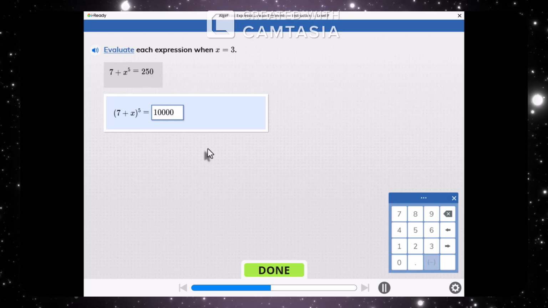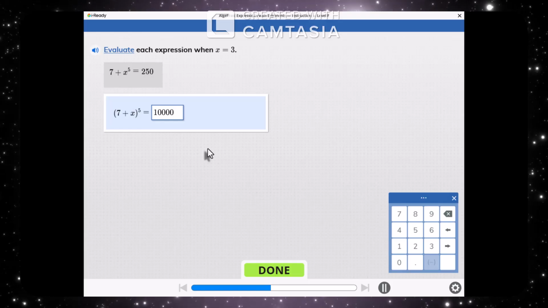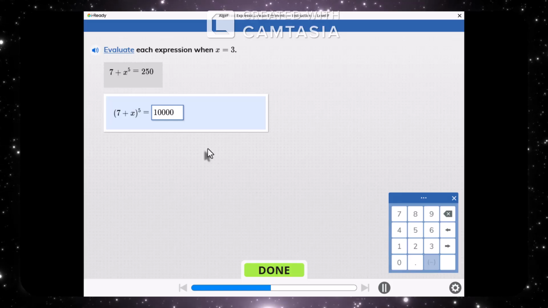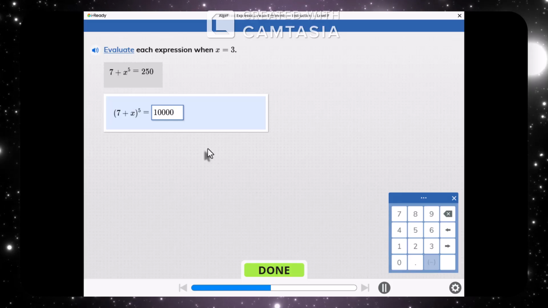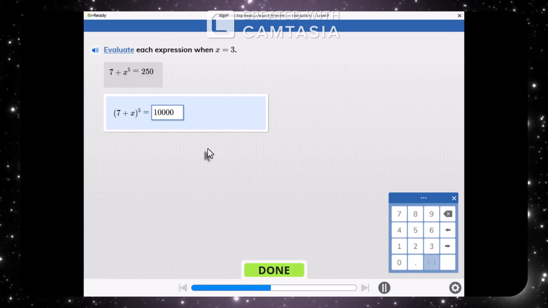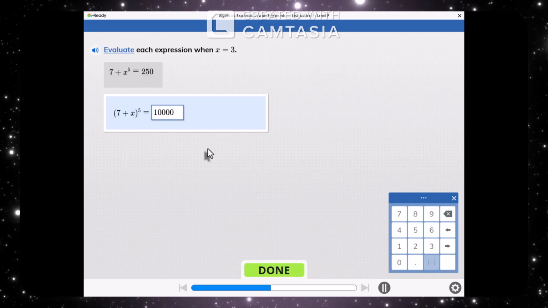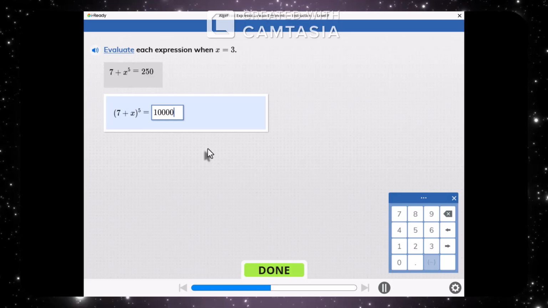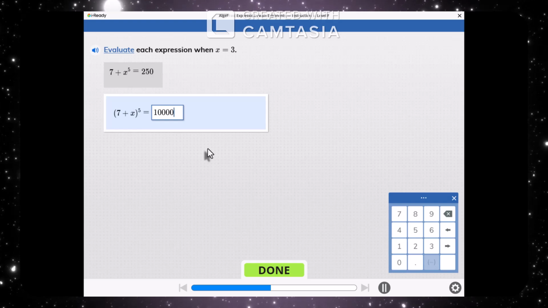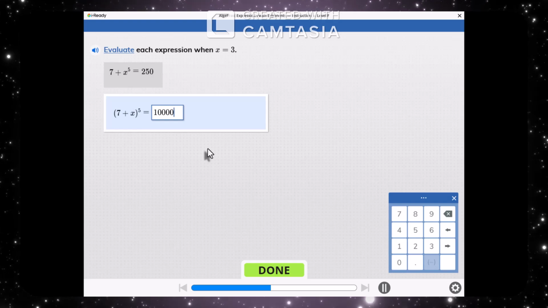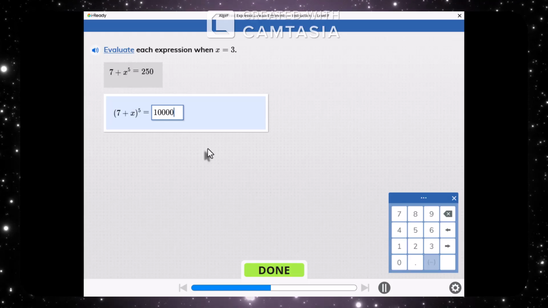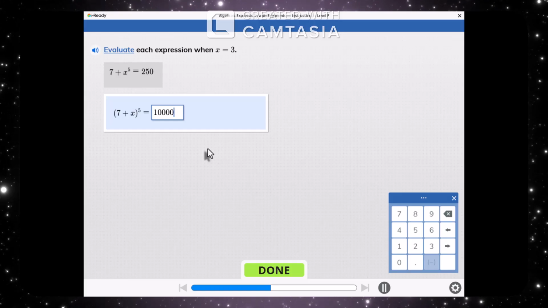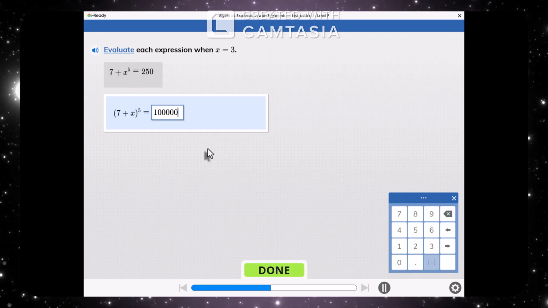And now I'm going to double check it again just to make sure. 10 to the power of 2 is 100. 10 to the power of 3 is 1,000. 10 to the power of 4 is 10,000. 10 to the power of 5 is 100,000.